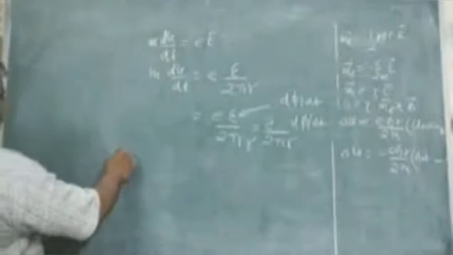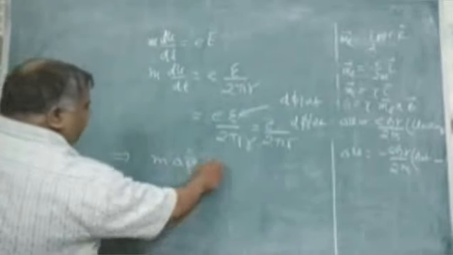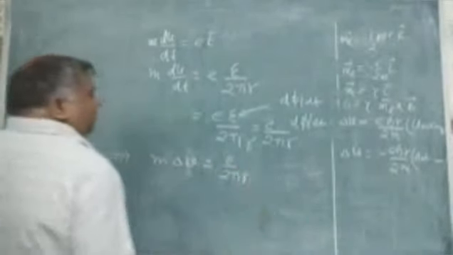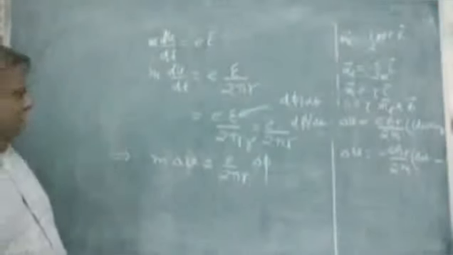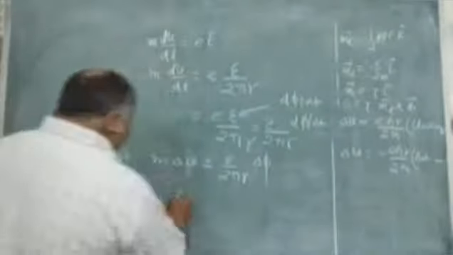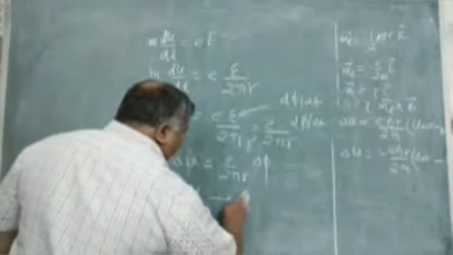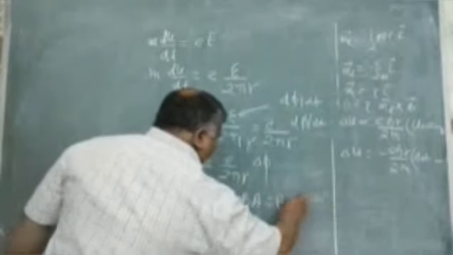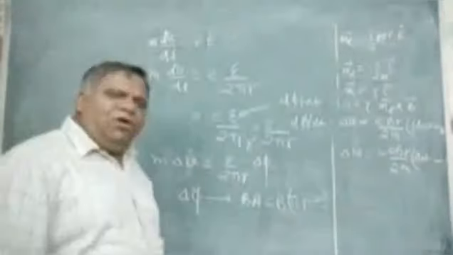This implies m dv equal to e delta phi. The change in flux is B times A, where A is the area of the loop.